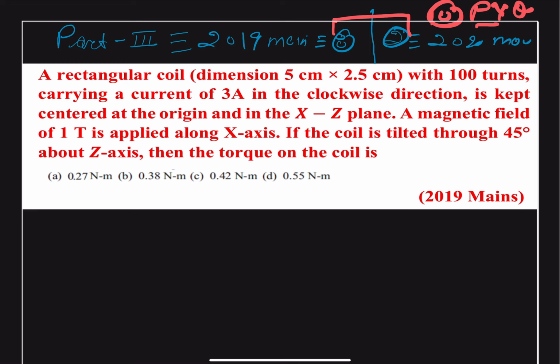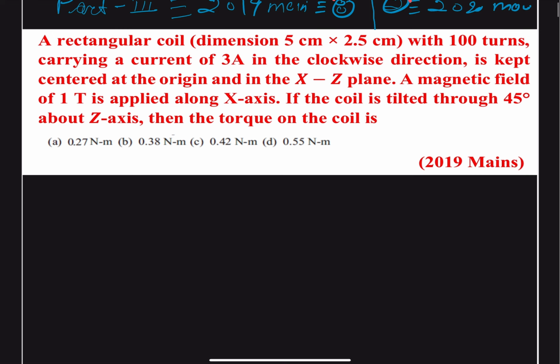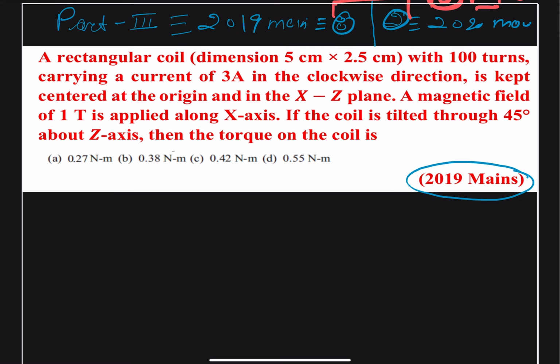So in the first question, asked in the year 2019, it states that a rectangular coil of dimension 5 cm by 2.5 cm with 100 turns carrying a current of 3 ampere in the clockwise direction is kept centered at the origin in the xy plane.